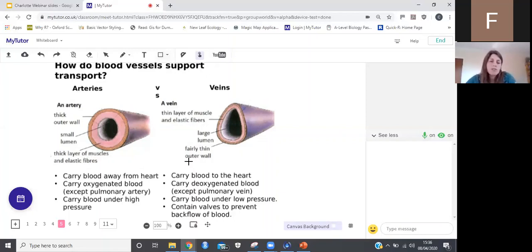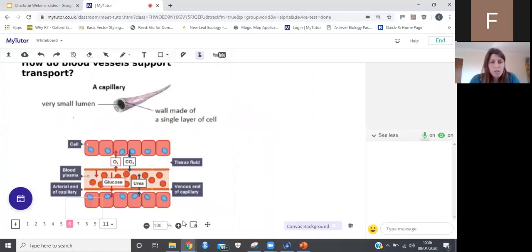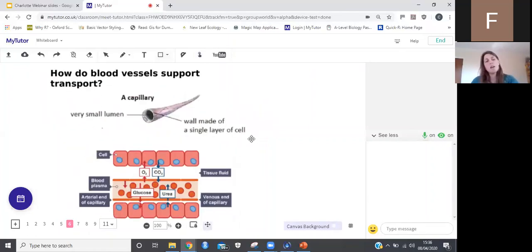The other blood vessel that we need to talk about is capillaries. So our arteries are transporting our oxygenated blood, and our veins take it away, but arteries and veins are quite big blood vessels.